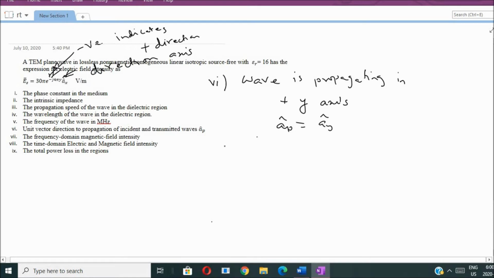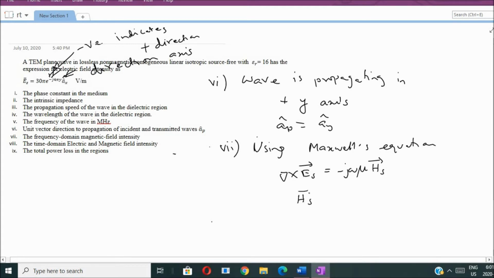Then you have to find the frequency domain magnetic field intensity. We can do it in two methods. One is using Maxwell's equation. Maxwell's equation says that curl of E_s is equal to negative j omega mu H_s.